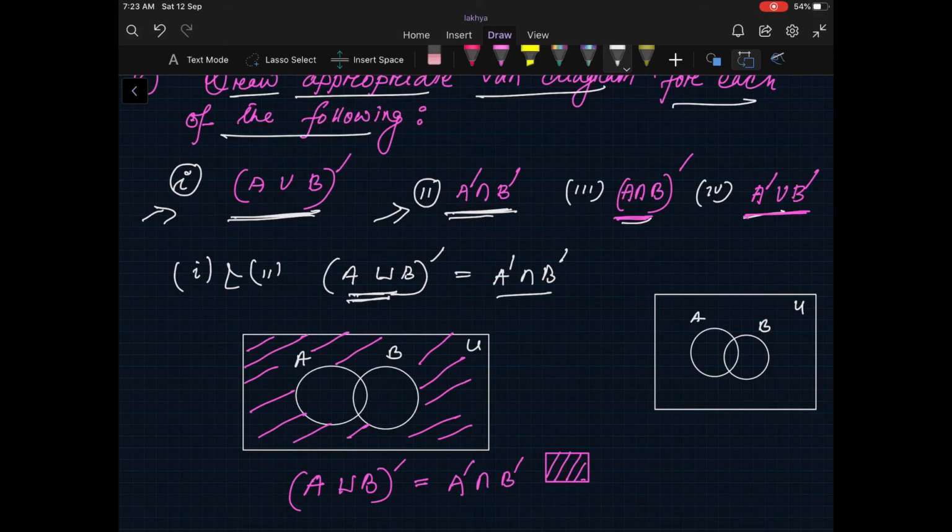Then A intersection B is represented by the common region between these two circles. So the complement of it will represent the remaining part.